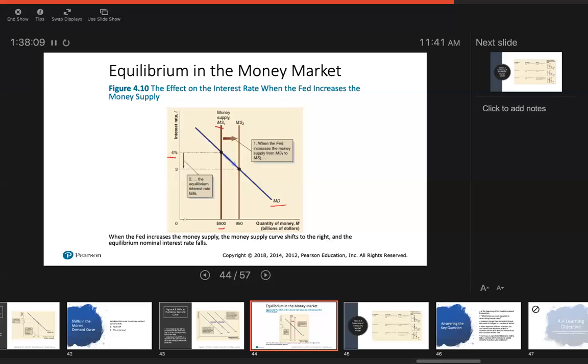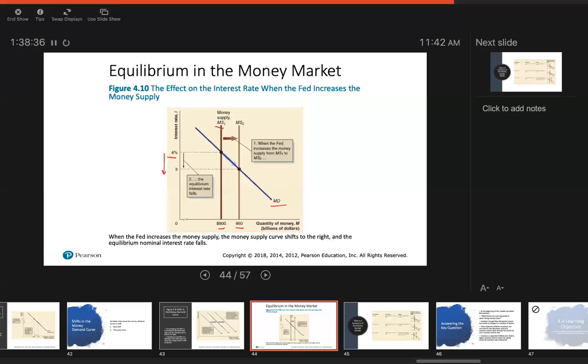When the Fed increases the money supply, the money supply curve shifts from MS1 to MS2, which means that if nothing changes money demand in the meantime, the point of intersection between these two curves is at this level, and there is a higher quantity of money in circulation, obviously, because money supply has gone up from 900 to 950, but also the interest rate will fall.